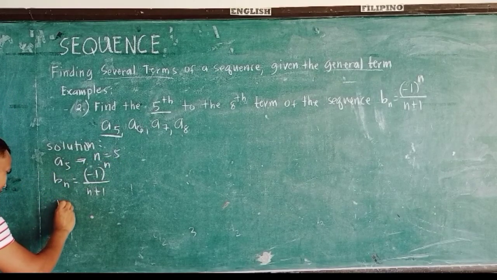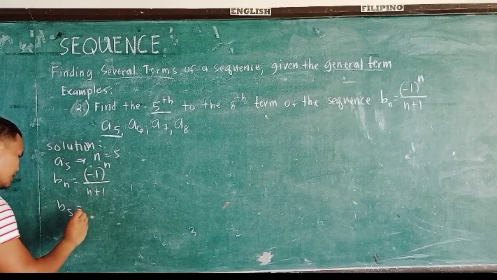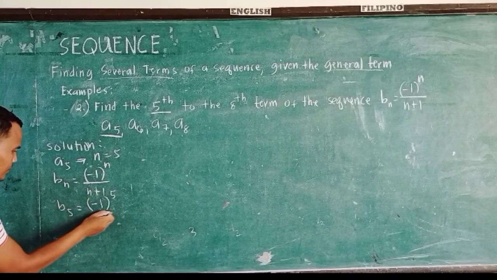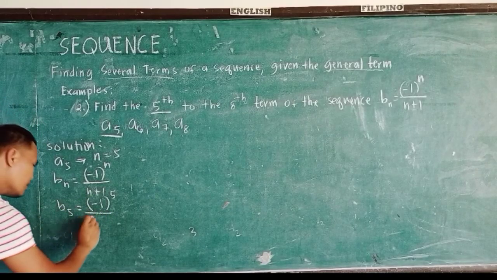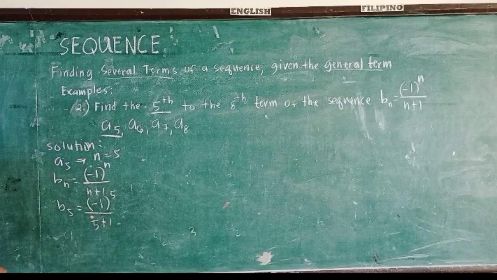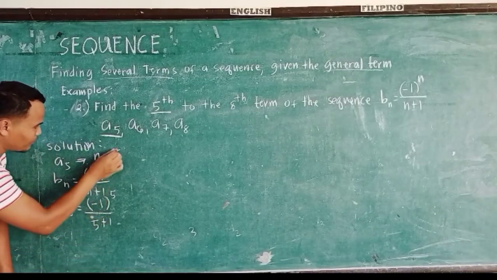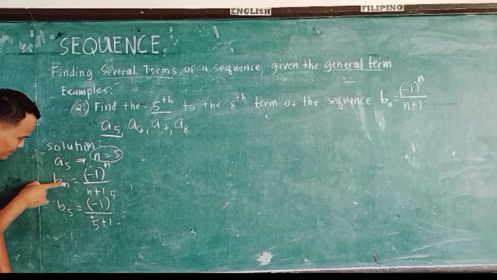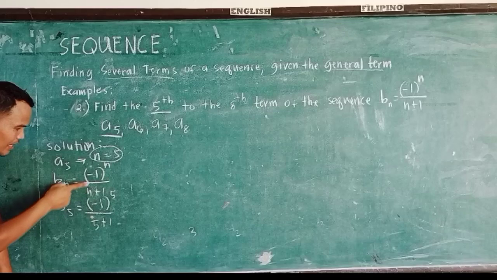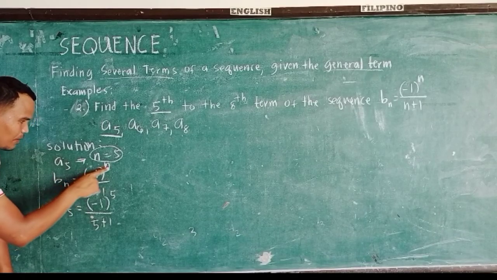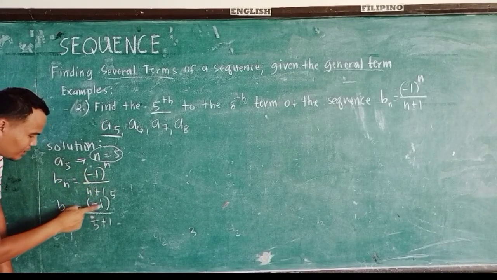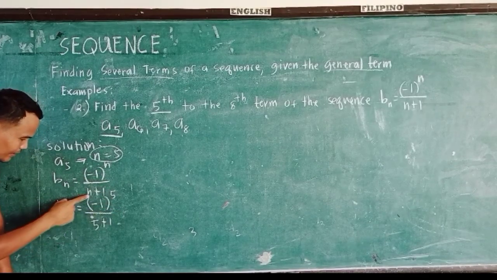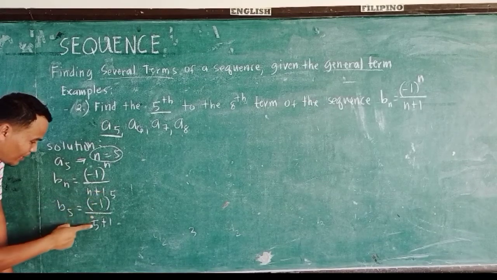So here will become b sub 5 equals negative 1 raised to the power of 5 all over 5 plus 1. Okay, do not confuse that we substituted n by 5. So here b sub n will become b sub 5. Negative 1 quantity raised to the power of n will become negative 1 raised to the power of 5 because n is 5, over n plus 1 will become 5 plus 1.